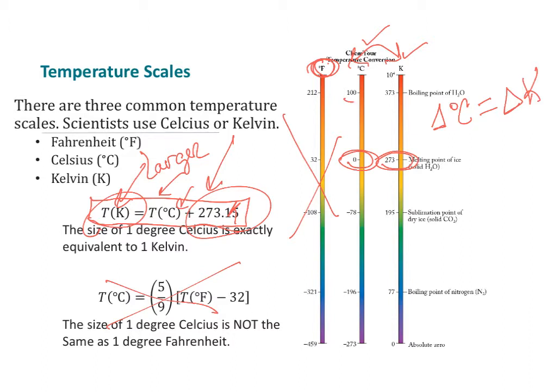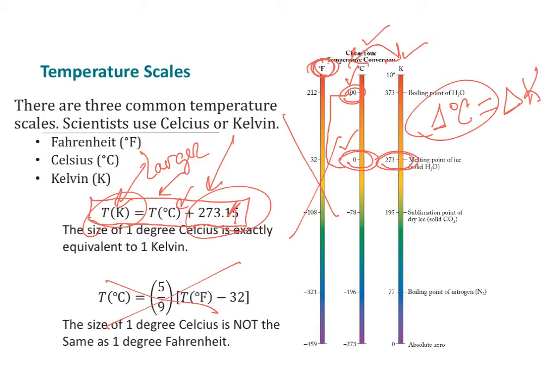But let's say that we took the difference between the boiling point of water and the freezing point of water, and I asked you what that difference is. It wouldn't matter. If you're talking about any delta value, any difference, it's going to be the same for Celsius and Kelvin. Not true for Fahrenheit, though.